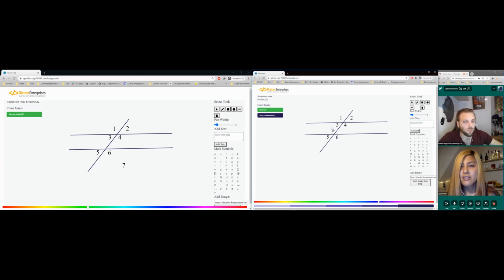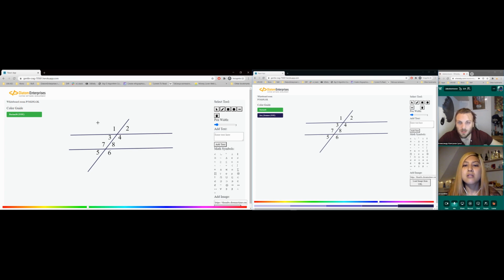Okay, I can see the image. Can you tell me which of these angles are equal to each other?